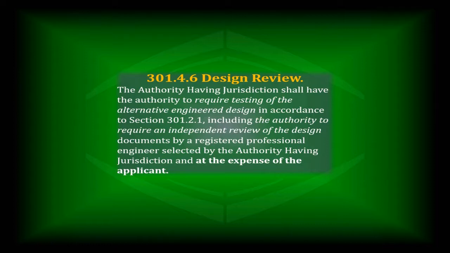The authority having jurisdiction shall have the authority to require testing of the alternative engineer design in accordance with 30121. We already talked about that. Including the authority to require independent review of the design documents by a registered professional engineer selected by the authority having jurisdiction at the expense of the applicant.